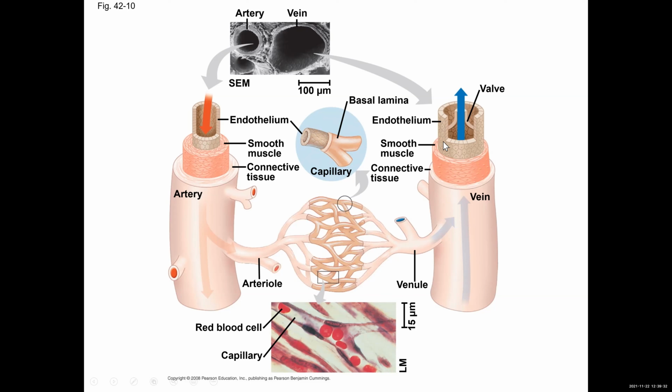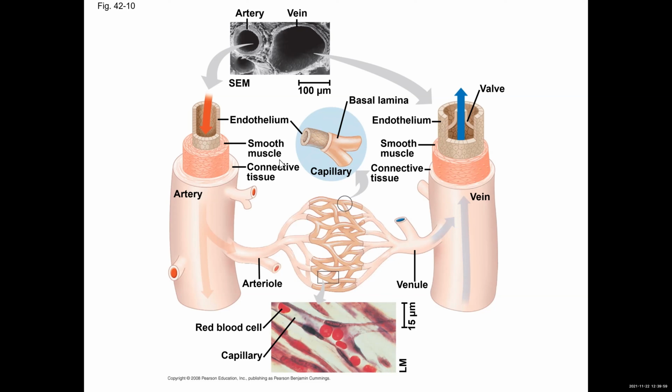If we look at a cross section of a vein compared to an artery going to the same body part, say the vein and artery that are feeding your arm next to one another, we see that the vein is larger in diameter, and the artery is smaller in diameter. And you can see the wall is thicker as well in that picture.